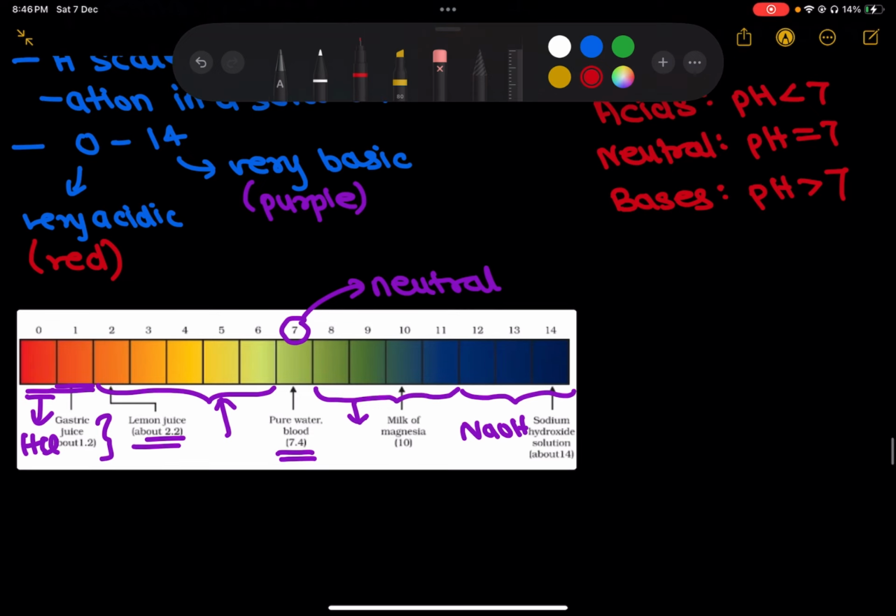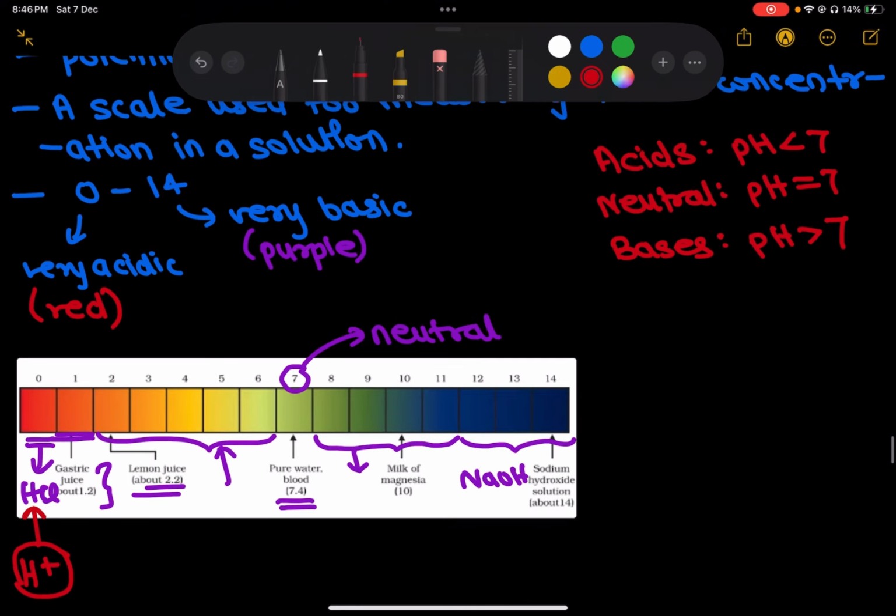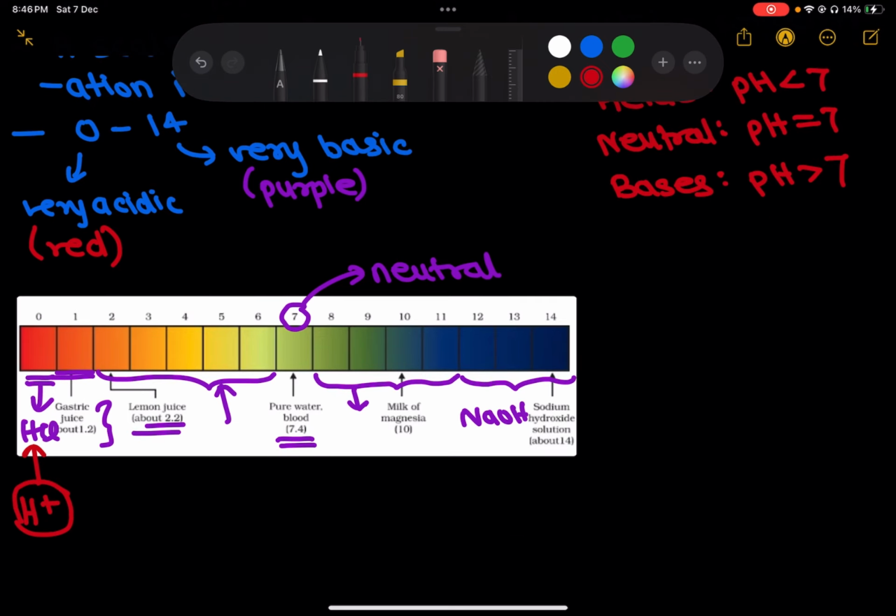Okay. So now let us understand this even more. Here, acids, right? Very strong acids will have a very high H plus ion concentration. Agreed? So here the H plus ion concentration is maximum at 0, and it goes on decreasing from 0 to 14.